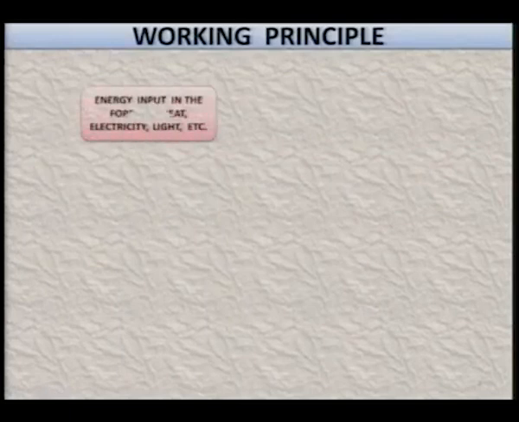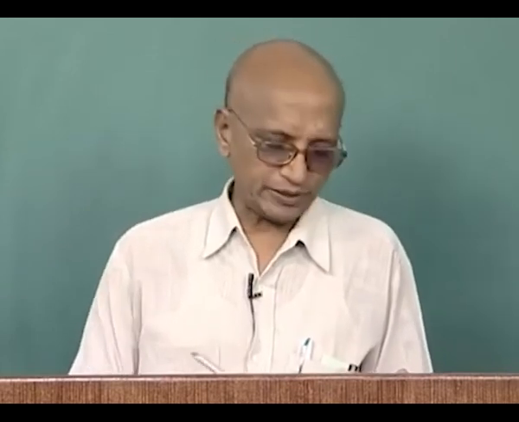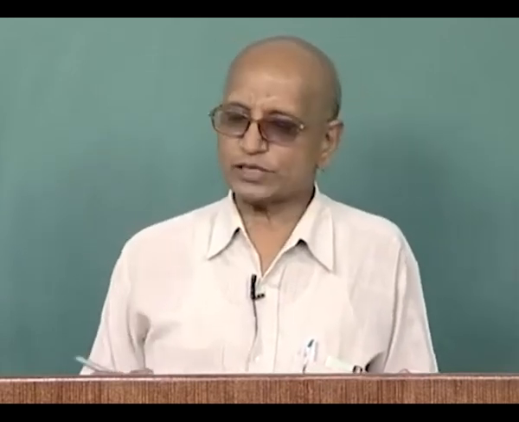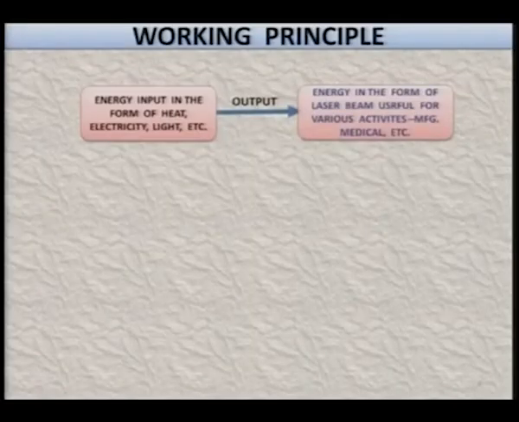Now, what is the working principle of the laser beam machining process? What you have here is the energy input in the form of heat, electricity, light, etc., and this energy input goes to the lasing medium. This lasing medium may be solid, it may be liquid, and then finally, what you have is energy in the form of a laser beam useful for various activities.